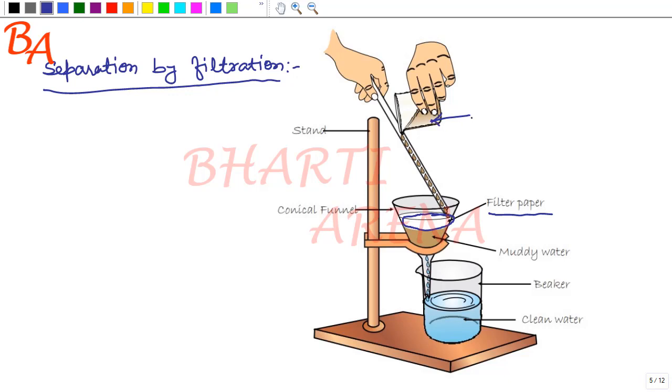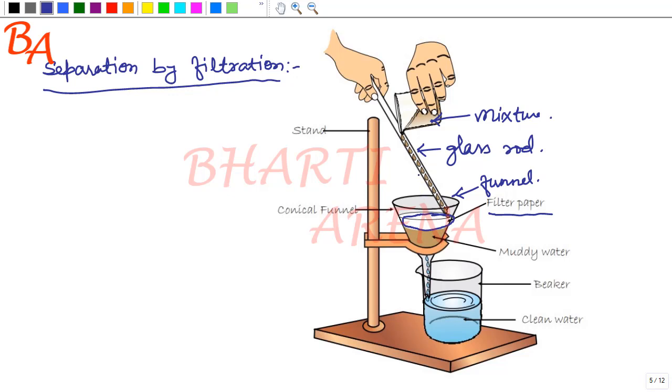This is the mixture, and this is a glass rod. So this mixture is dripped along with this glass rod to this funnel, in which a filter paper is set.